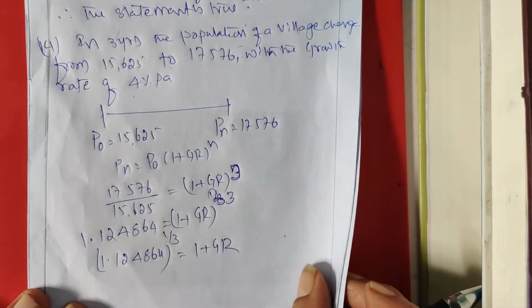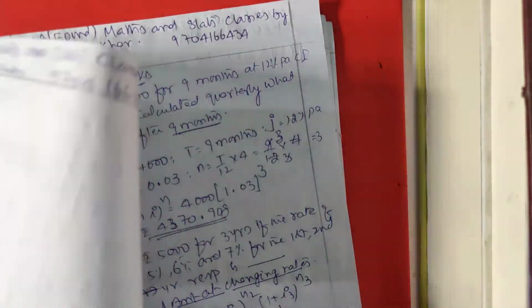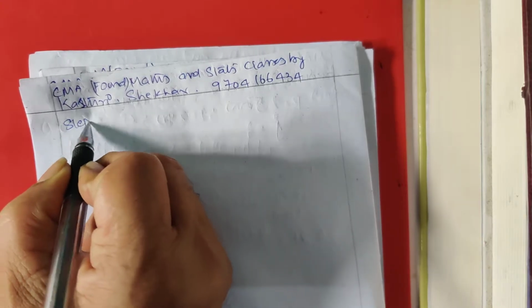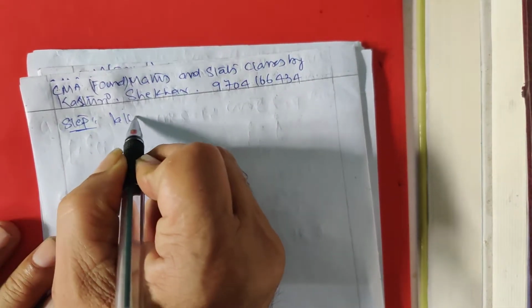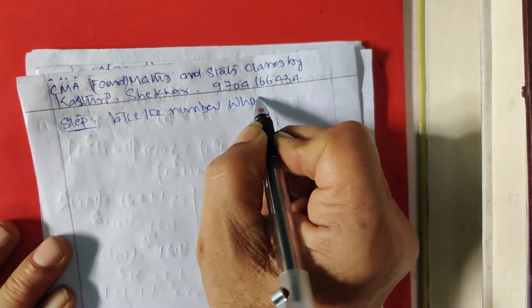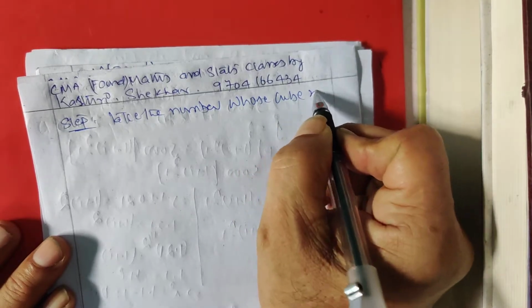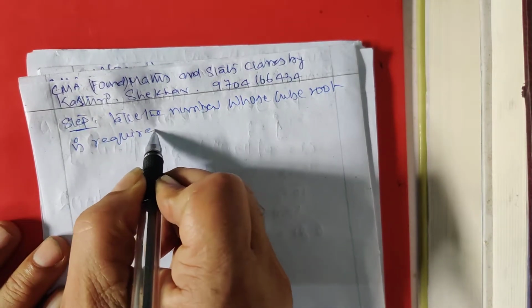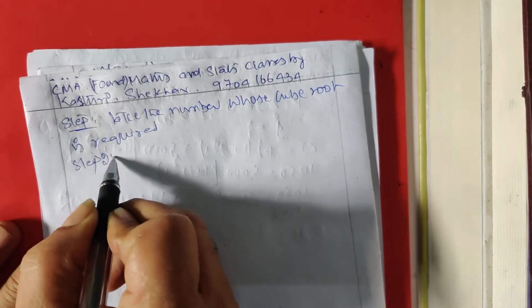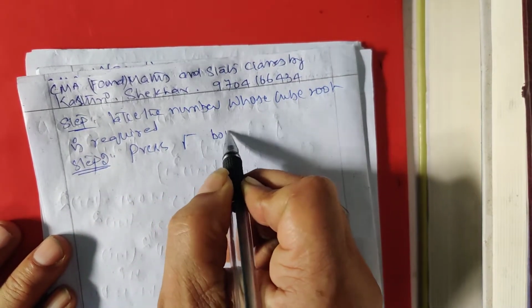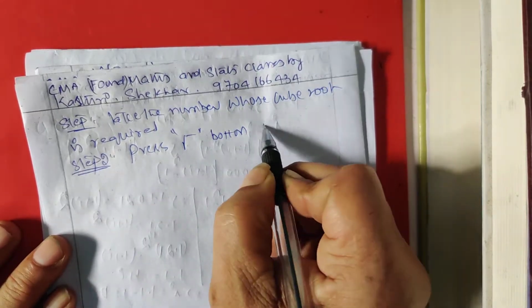I'll tell you how to calculate the cube root on your calculator. Let us see the steps. Step number 1: take the number whose cube root is required. Here it is power 1 by 3, so the cube root is required. Step number 2: press the square root button 15 times.